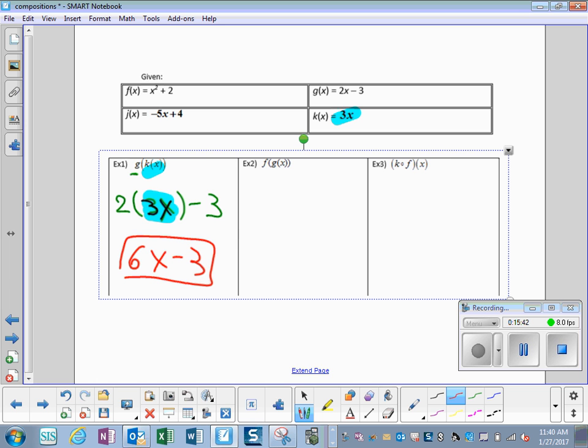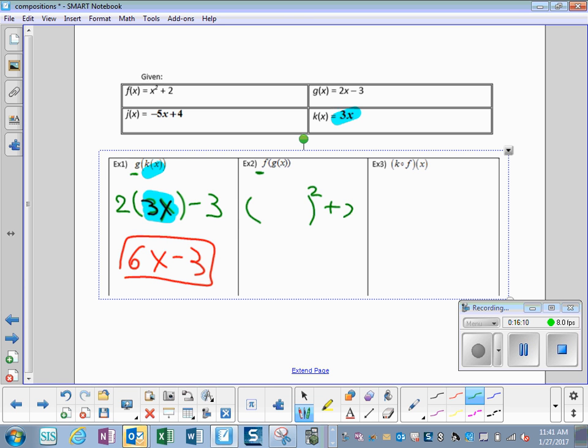Okay. Let's try one more together. Ready? F of g of x. So my most outer, right? The outer function is f. So I'm going to look up f. X squared plus 2. Instead of x, I put parentheses with lots of space.